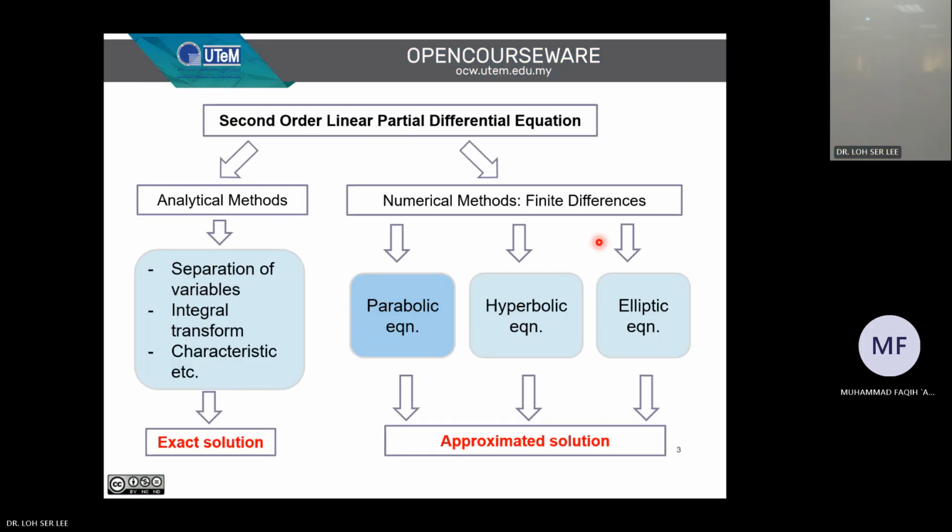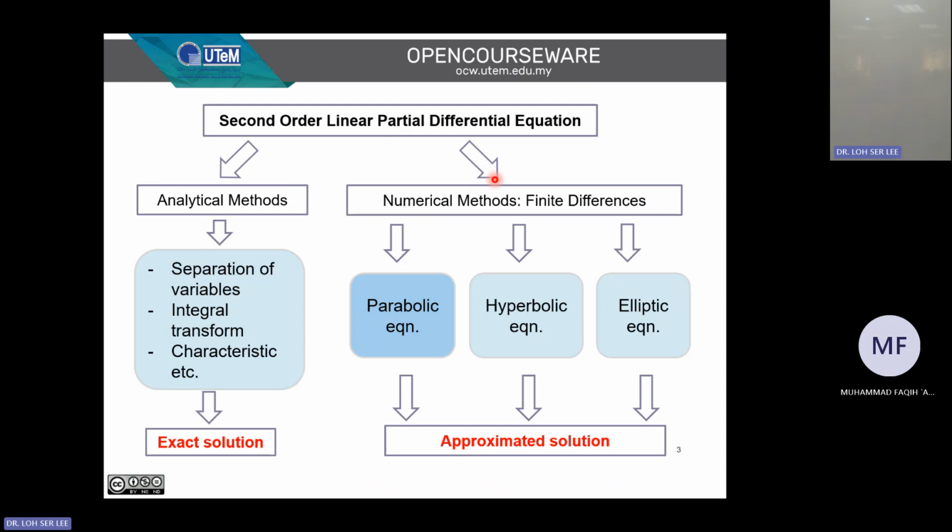Now this is the big picture for solving a second-order linear PDE. You have learned the analytical methods, which is the separation of variables. Actually, you just learned this one. There are other analytical methods where you will get an exact solution, the true solution.